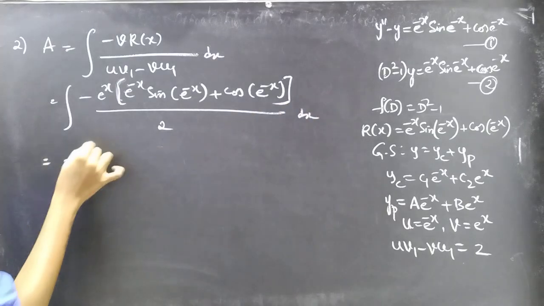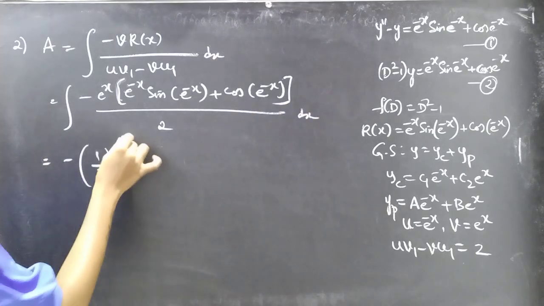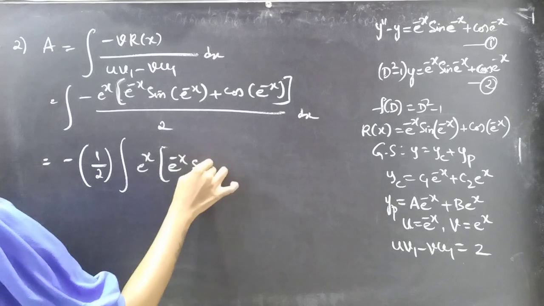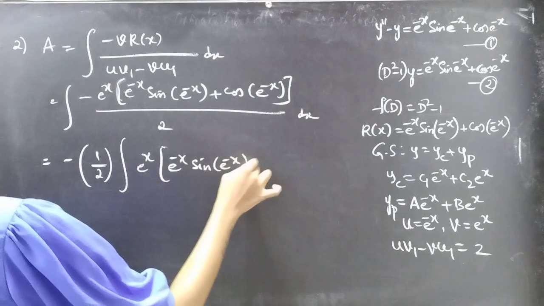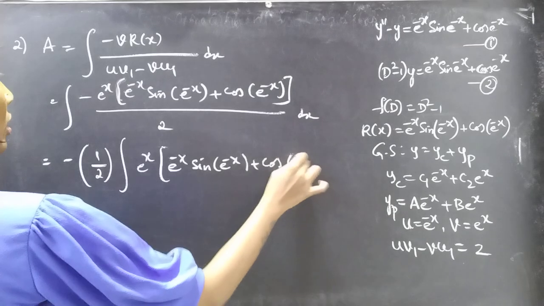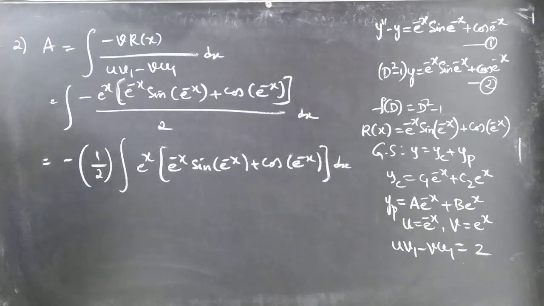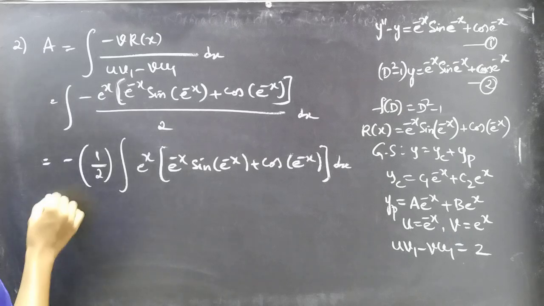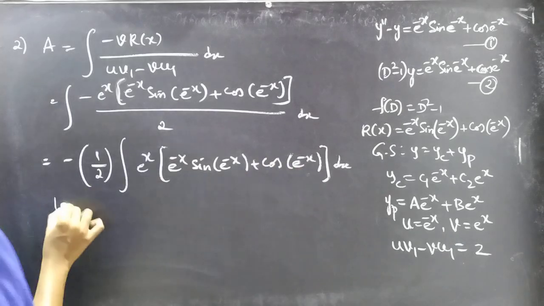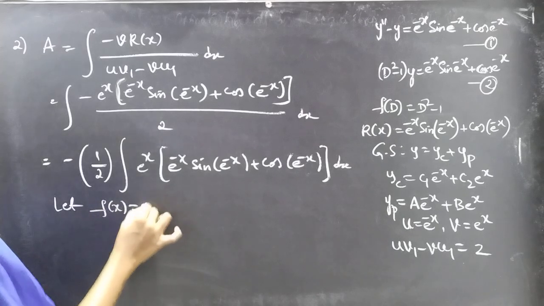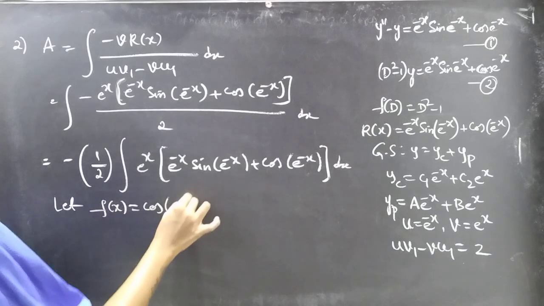We can write this as minus 1 by 2 into the integral of e power x into e power minus x sine e power minus x plus cos e power minus x into dx. Since we know that, let f of x equal cos e power minus x.